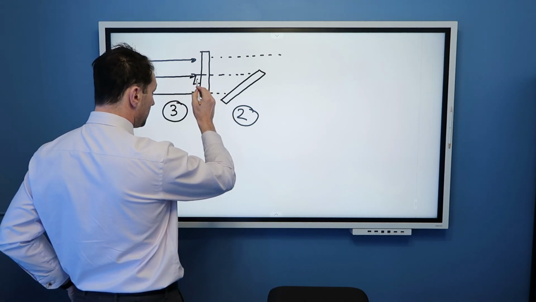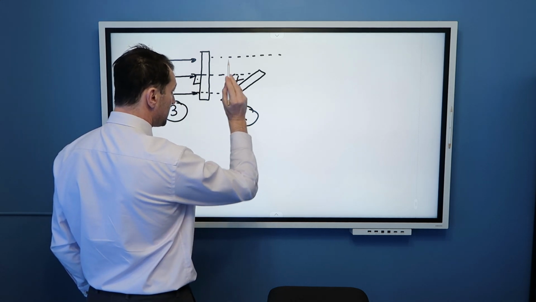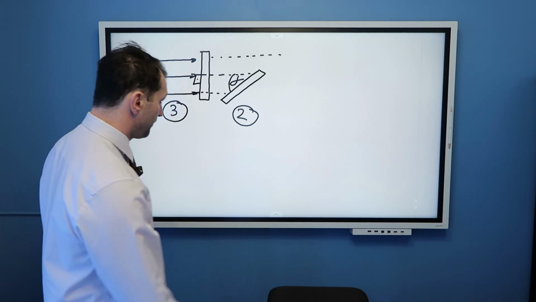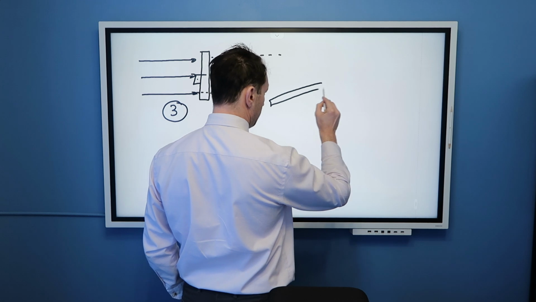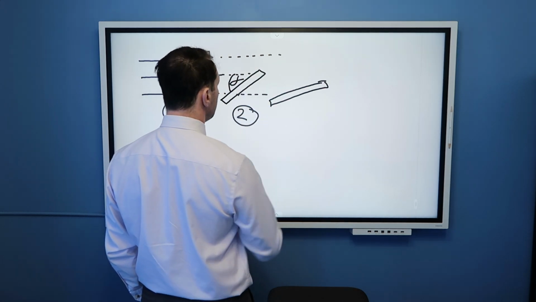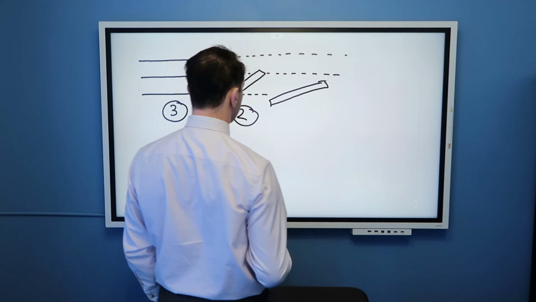As you can see, here the orientation is 90 degrees, but here the orientation is some angle alpha, which is less than 90 degrees. If I incline this surface even more, then you will see this sun ray still hits it, this sun ray will miss it, this sun ray will miss it.